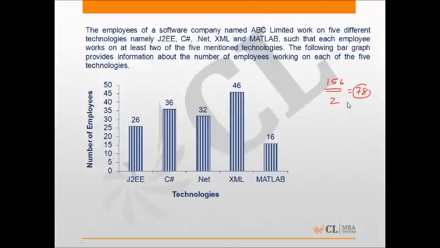And in order to minimize the number of employees in the company, it can be noted that the maximum number of employees who are working on any technology is 46. It means the number of employees in the company cannot be less than 46.